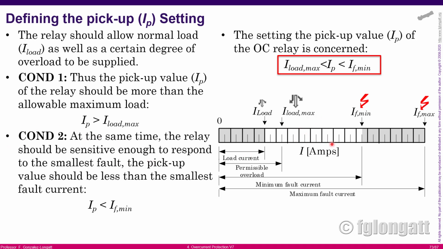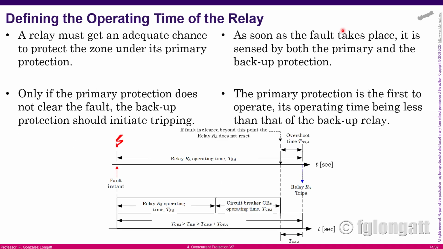Condition 2: the pickup current should be below the minimum short circuit levels. And we have an equation for the settings of the pickup current. Again, we are working with a definite time overcurrent relay. However, there is something extremely important.